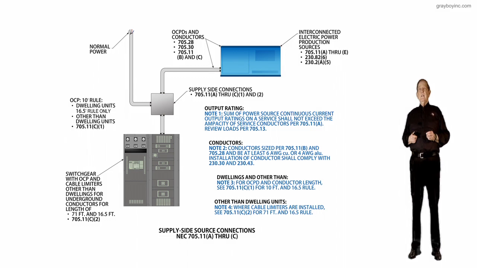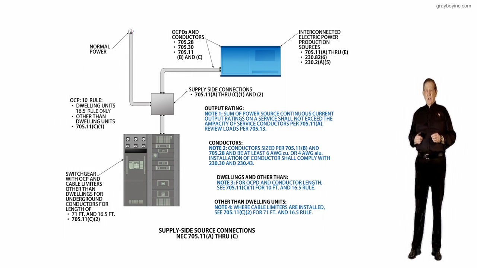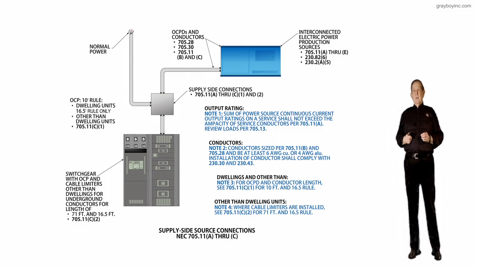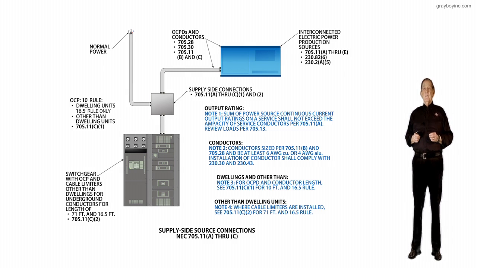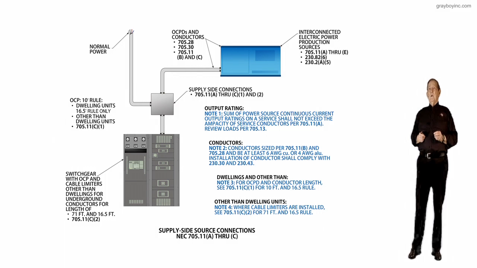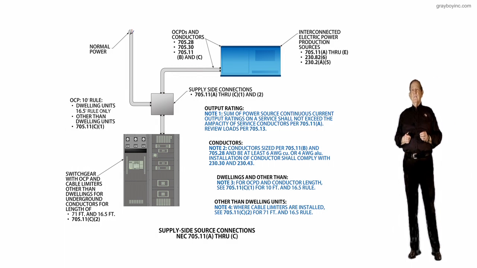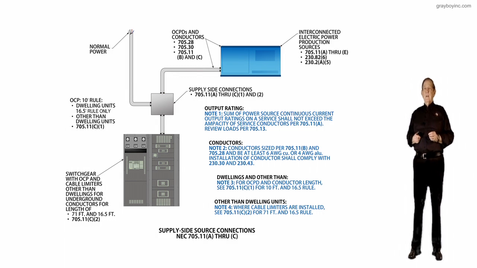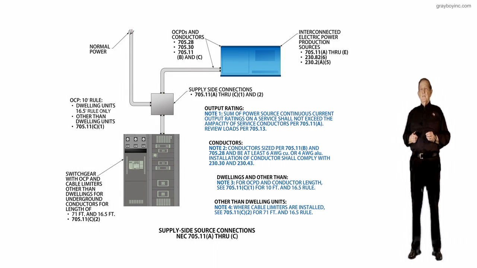Note 3 deals with dwellings and other than dwellings. Overcurrent protection and conductor length become an issue here that we have to understand. It states in 705.11(C)(1) the 10-foot and 16.5-foot rule, so we would need to review 705.11(C)(1) very carefully for the 10-foot rule and the 16.5-foot rule.